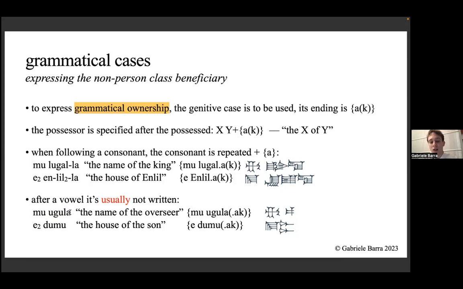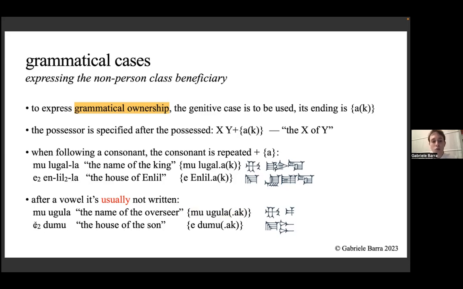So the genitive is there, but it's supposed, I guess. It's not written. However, in the analysis, I tend to just put it inside of brackets, just to show that there is a genitive relationship within the two terms. So again, possessed first, and then we have the possessor.